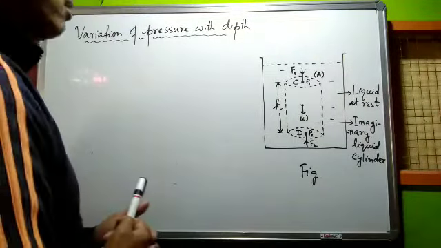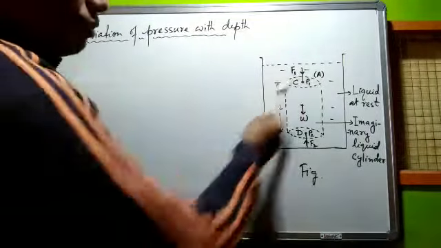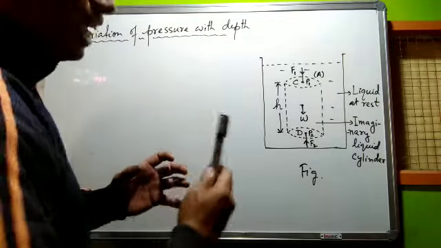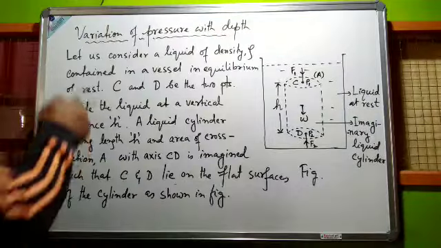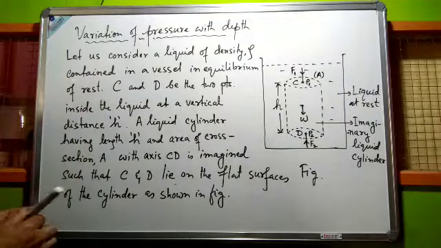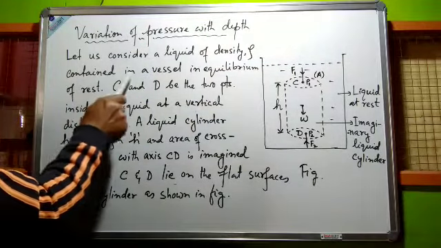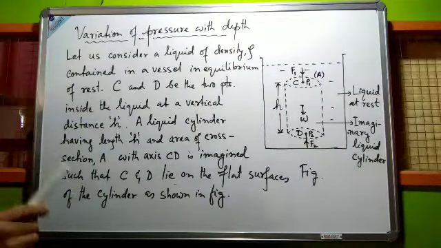From that, we can find out the variation of pressure with depth, or the pressure difference between the 2 points C and D inside the liquid. Let us consider a liquid of density rho contained in a vessel in equilibrium at rest.